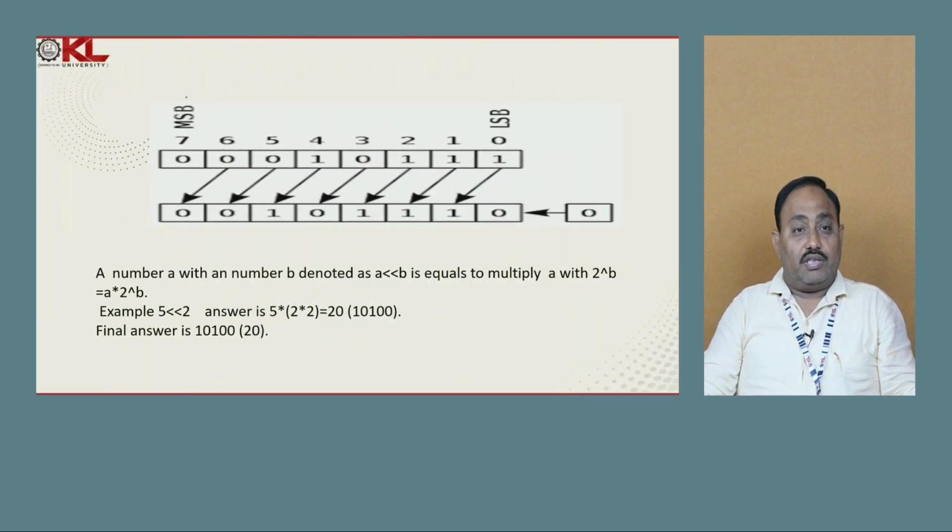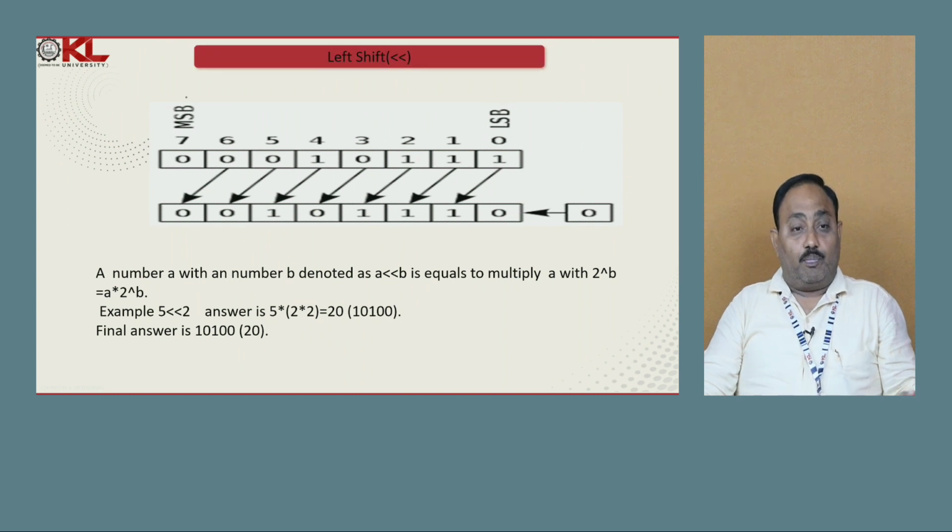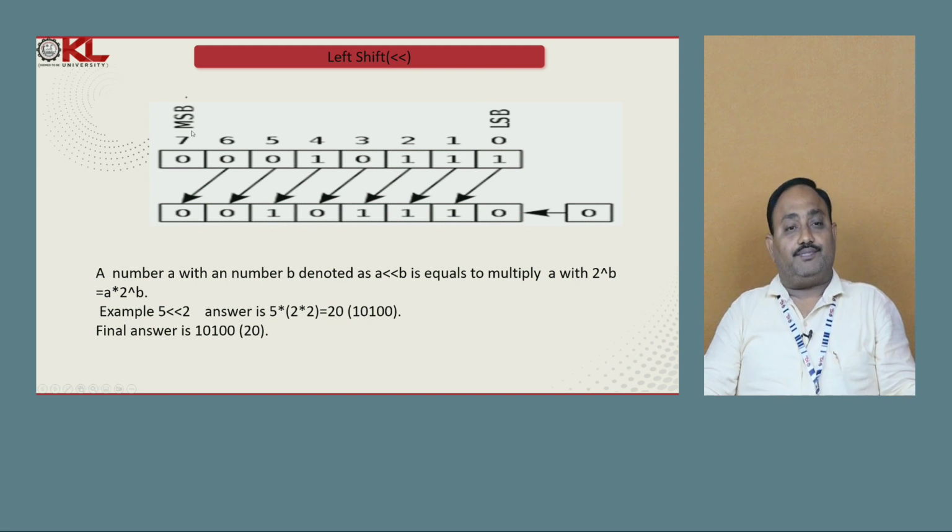Next we have the left shift operator. Please take a notebook and pen and practice it while I am explaining. This is the way the data will be stored in memory when we want to store some values. For example, if you take this 1 byte of data, in that this bit is known as the least significant bit, and this bit is known as the most significant bit.